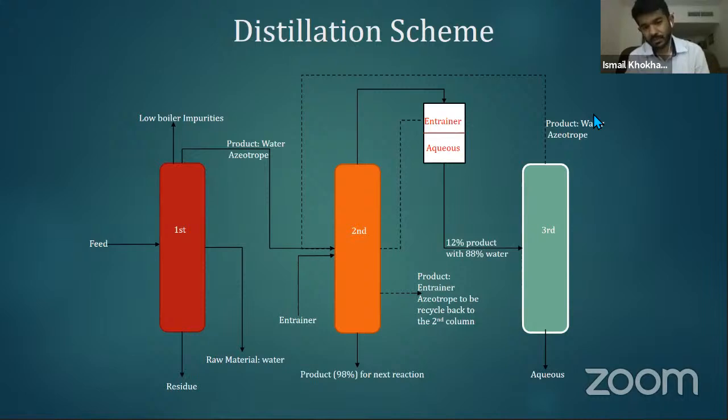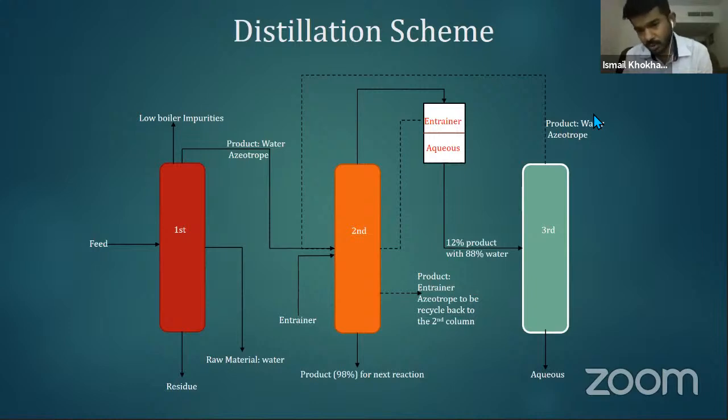The second cut from the first distillation column, the product and water azeotrope, is fed to the second distillation column, where a suitable entrainer is used. The first cut is the azeotrope with the entrainer and the water, which comes out and goes to a decanter. The aqueous is separated, and the entrainer is recycled back to the second distillation column.